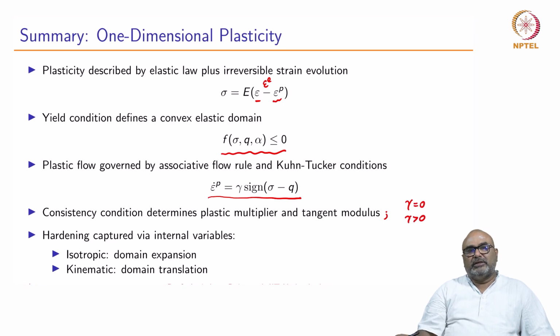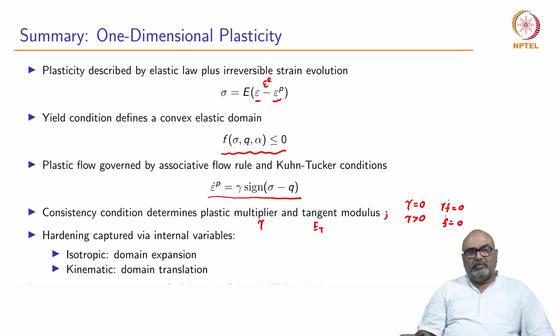For those conditions, using gamma f dot equal to 0, or simply f dot equal to 0, the persistency condition, one can find out the value of gamma and the value of the tangent modulus in terms of the isotropic hardening modulus and the kinematic hardening modulus.